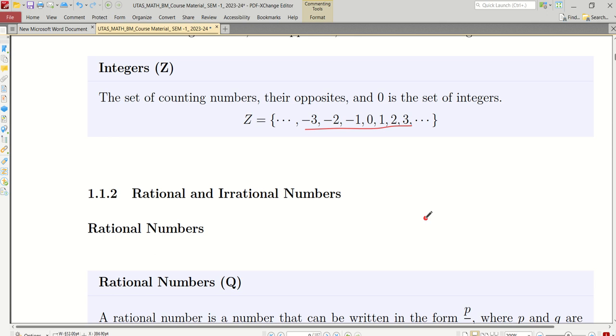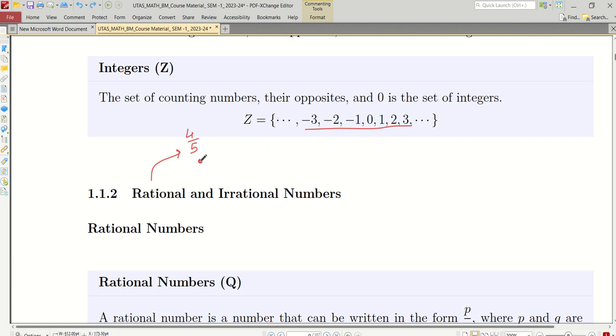Now come to the important part, rational and irrational. There are three types of numbers called rational. Number one: if any number is written as 4 divided by 5, this is called a rational number. What is the second? Like 2.45. See, it stops here.